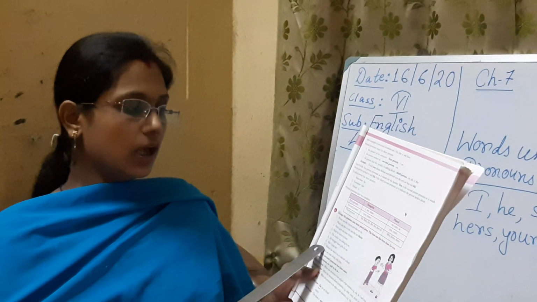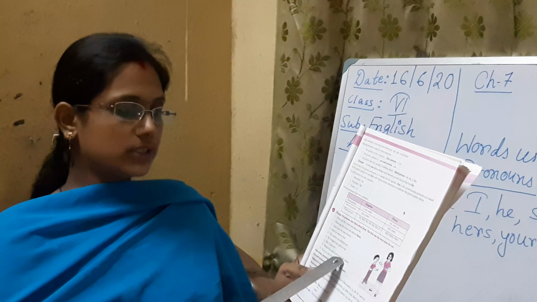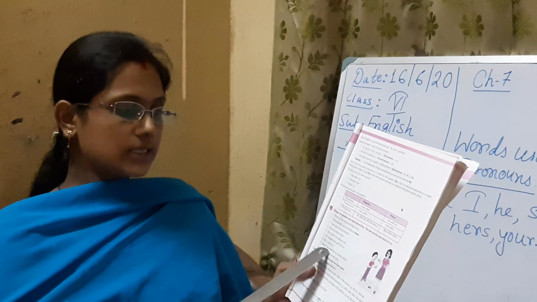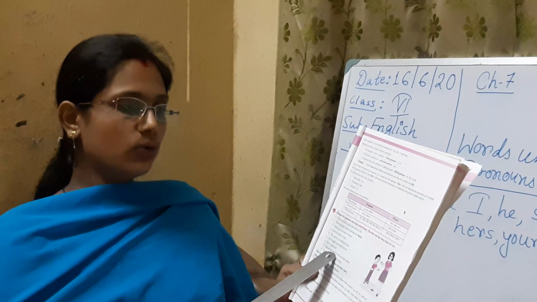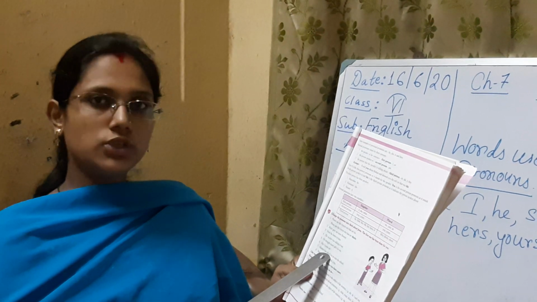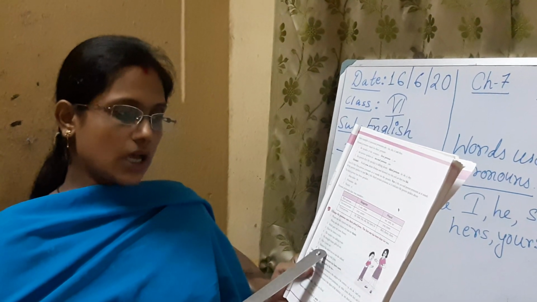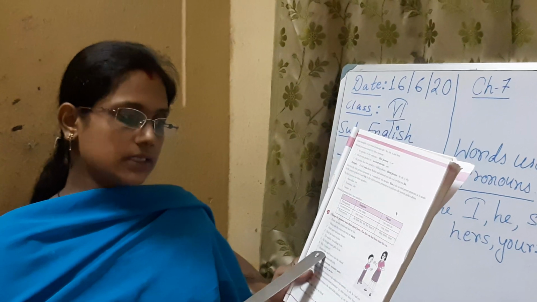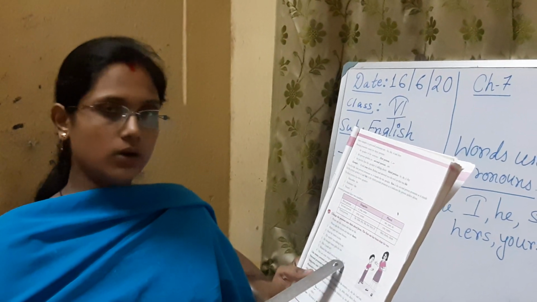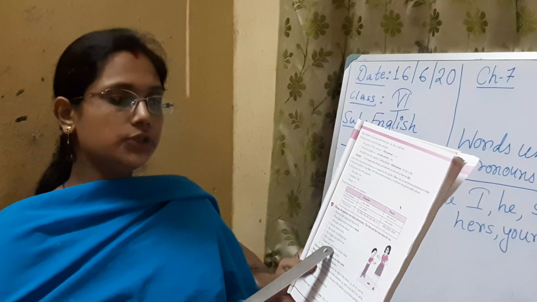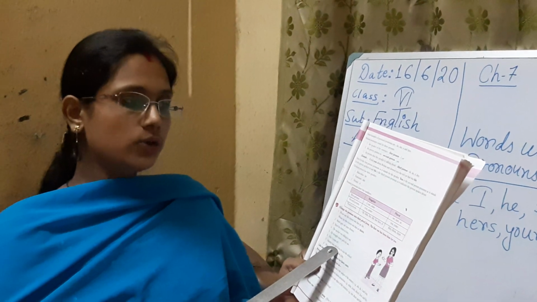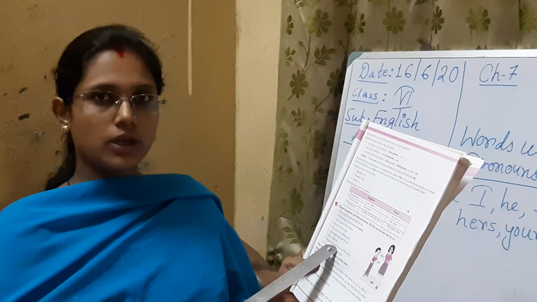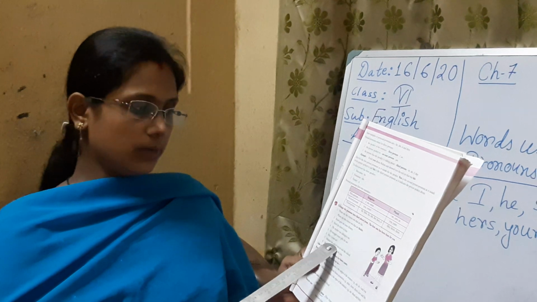And number 7, mother has asked you to visit the school. Instead of you, what will you write? You can write yours. Mother has asked yours to visit the school. Okay, you can write here you or yours, because you and yours do not change, they are the same in the plural.